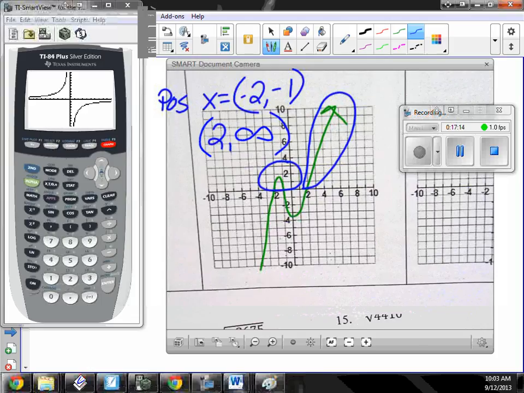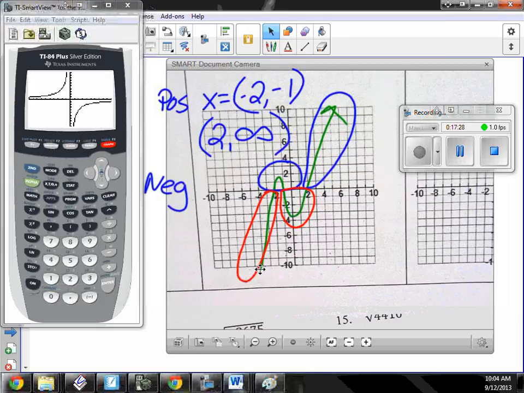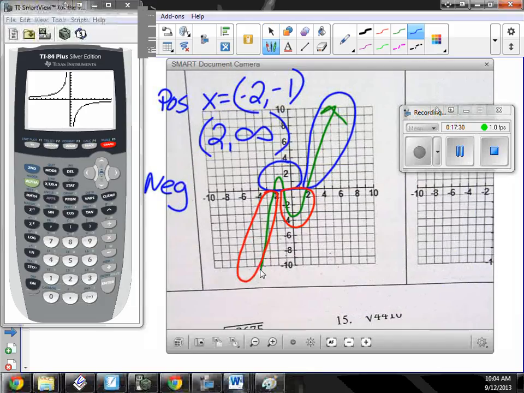Okay? So when is this graph negative? Well, we have 2 negative regions. Here is a negative region, and here is a negative region. So this region on the left, what is the smallest x value that belongs to that region? Negative infinity.